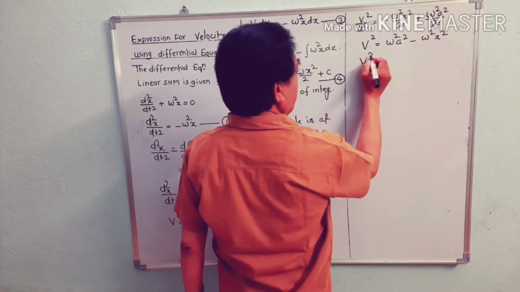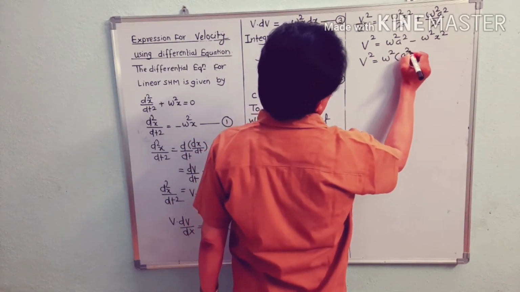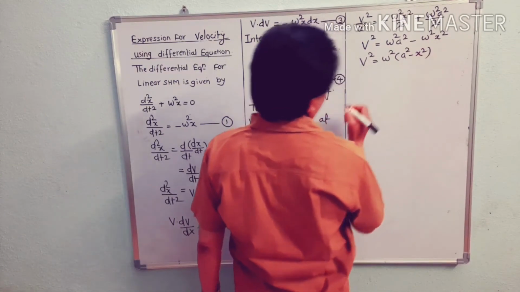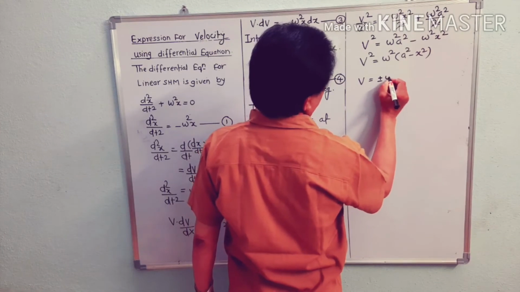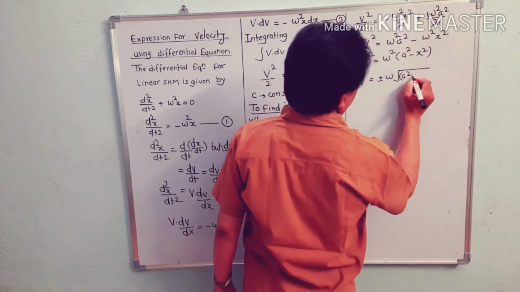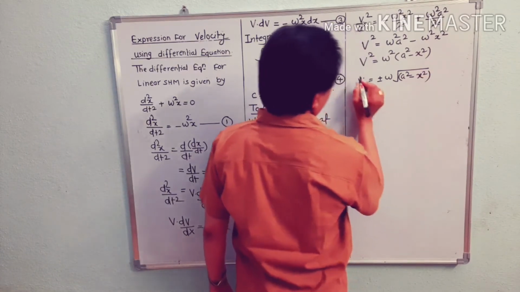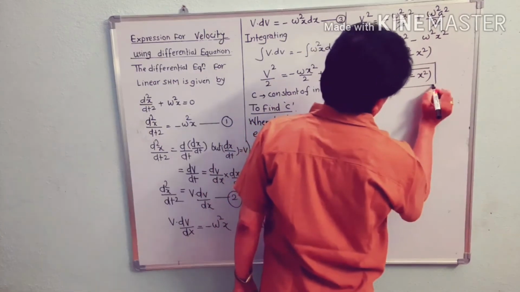So v square is equal to omega square common in the bracket a square minus x square, and v is equal to plus or minus omega in the square root of a square minus x square. So this is the equation for the velocity.